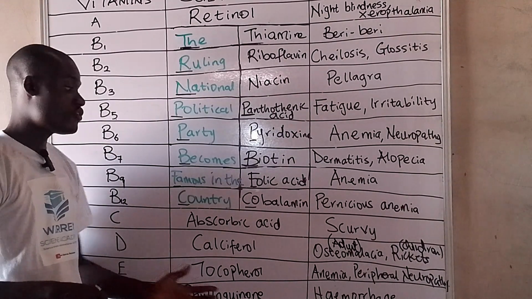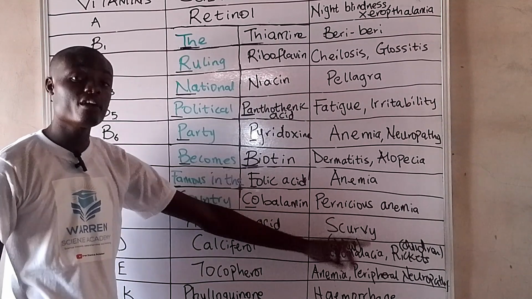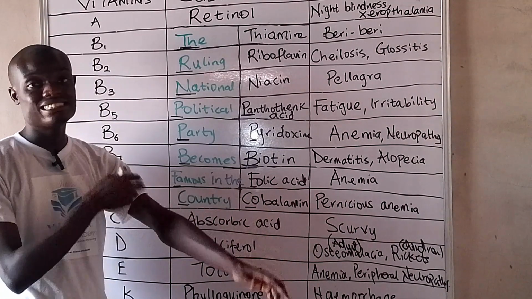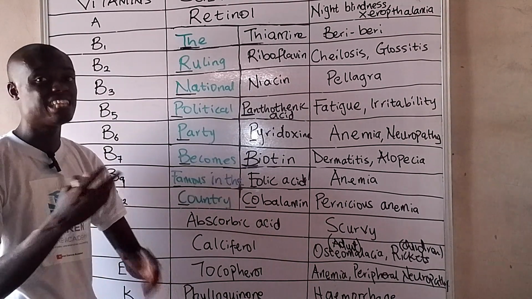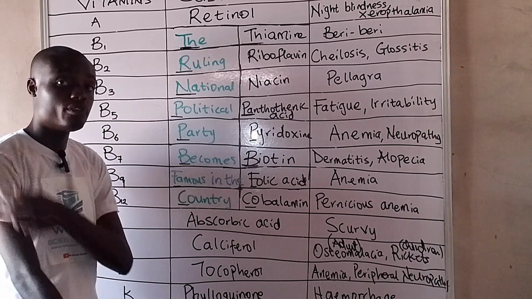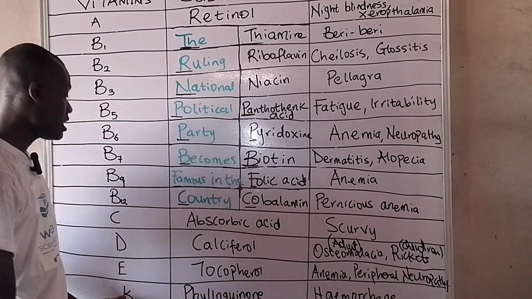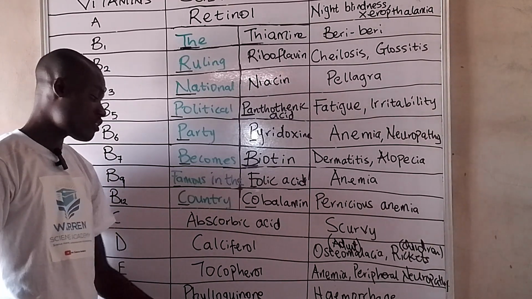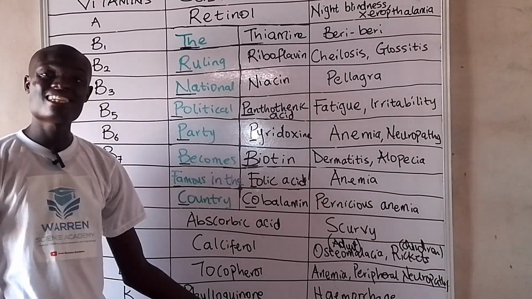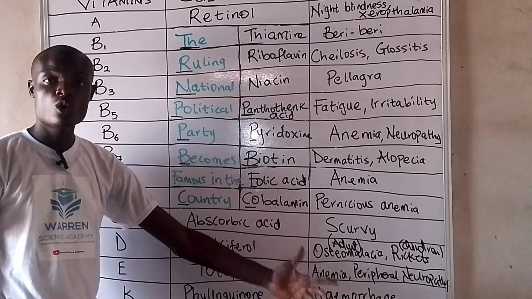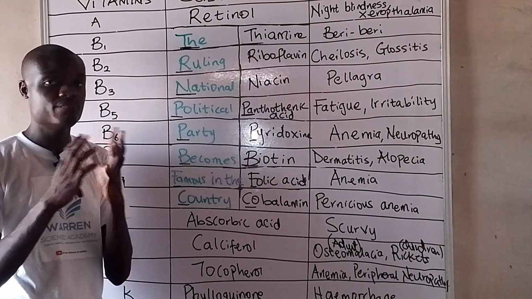Then vitamin E is tocopherol, and its deficiency can lead to anemia or even peripheral neuropathy, that's damage of nerve cells in your peripheral region. Then lastly, vitamin K, which is called phylloquinone, and deficiency leads to hemorrhage. What's hemorrhage? Excessive bleeding.